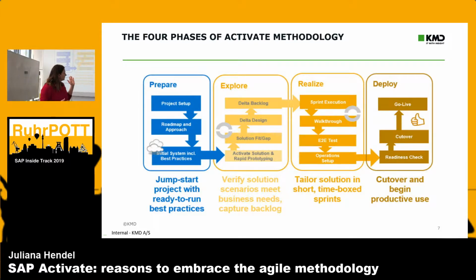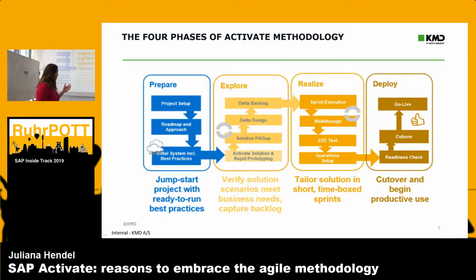We move to the deploy phase, which is where we will have our organizational readiness check, and we will conduct multiple simulations at the end. How many of those we will have will depend on the scope of the project. So we will be preparing for go-live activities, and once the solution is live, the project is officially closed.